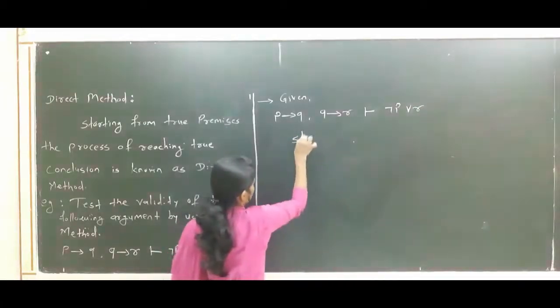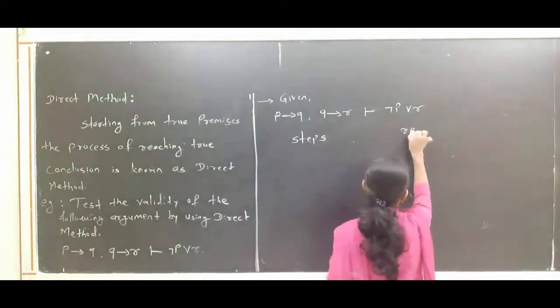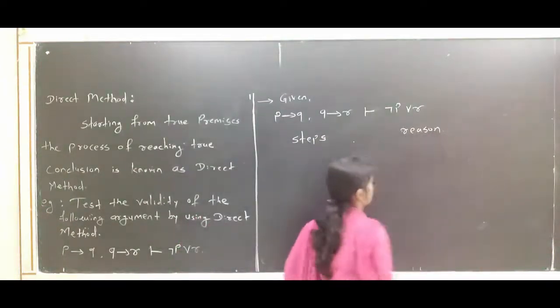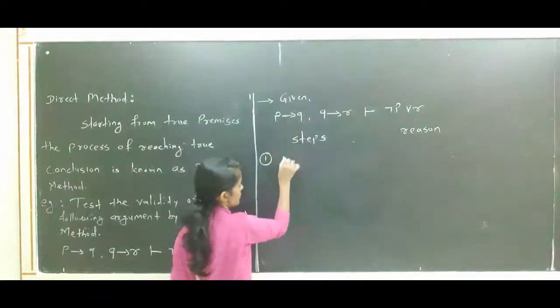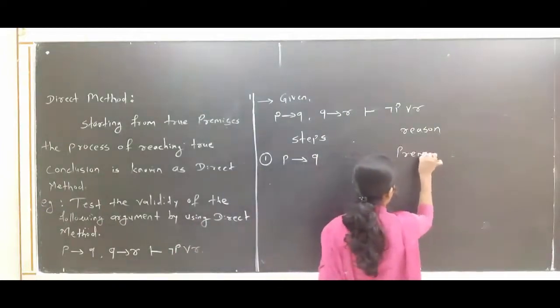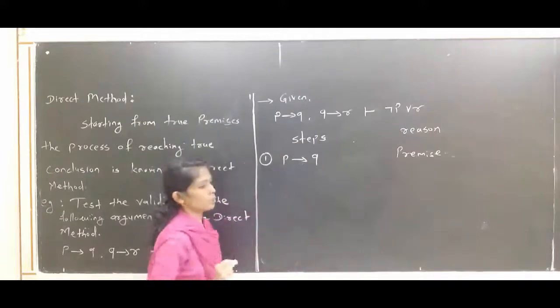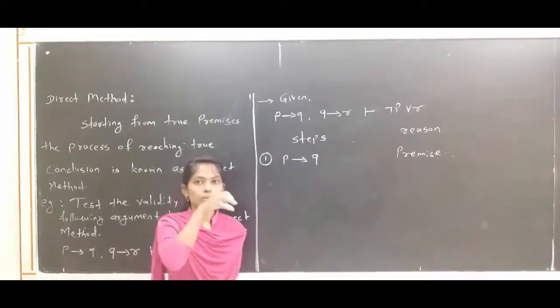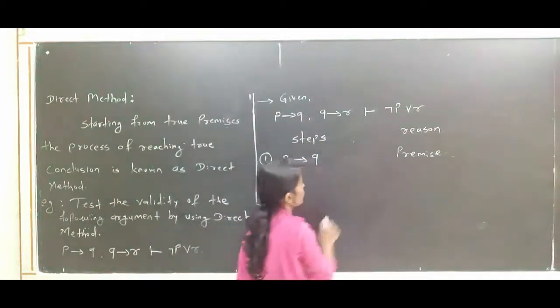So, see here, steps and reason. First, we take the first premise P implies Q and write down in reason: premise. Now here P implies Q. We want to apply some rules of inference to get this conclusion.